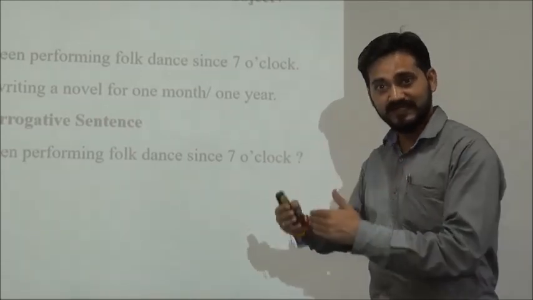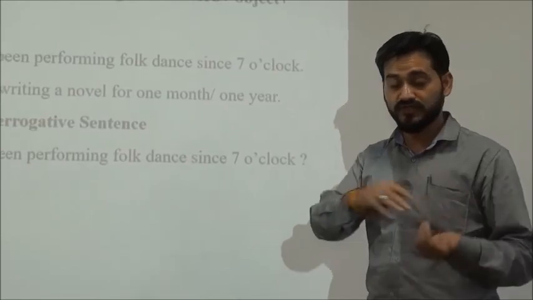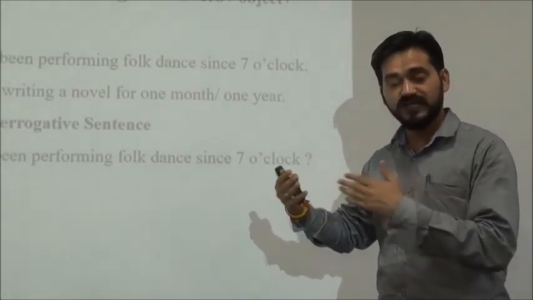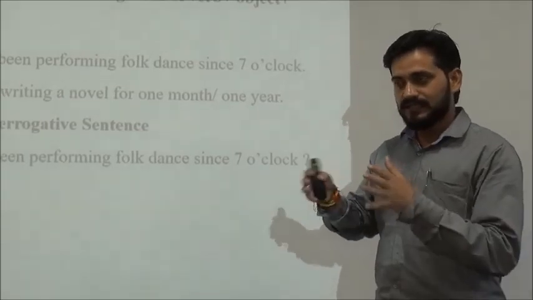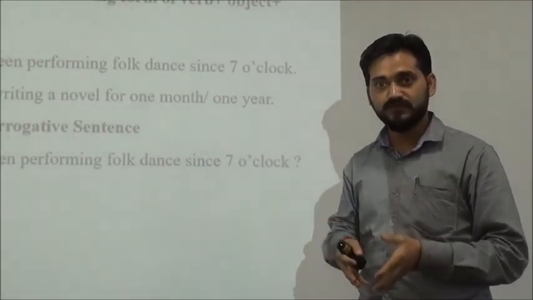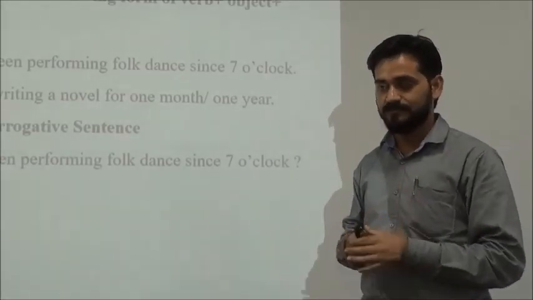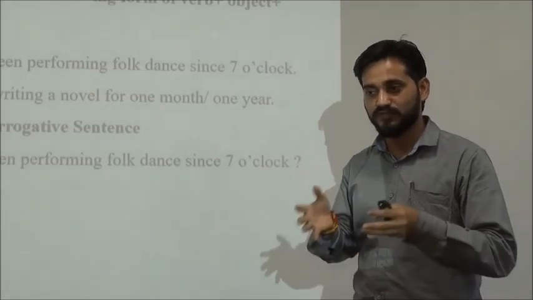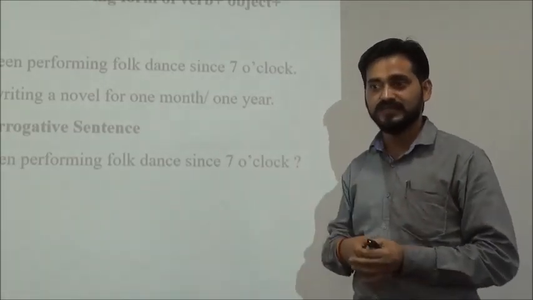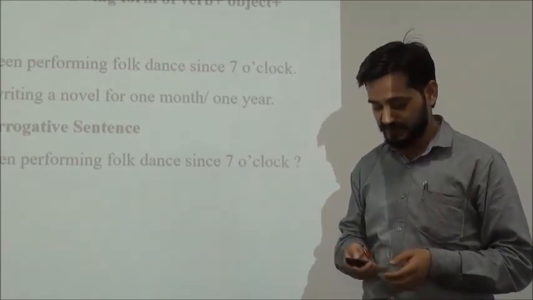Suppose there is one action that was continued in the past, or 2 days before, or 1 day before, then you use past continuous. Suppose there is one action that is completed without any confusion, then you use past perfect form. And if there is any action that was started but not completed, it was continued, then you use past perfect continuous tense.